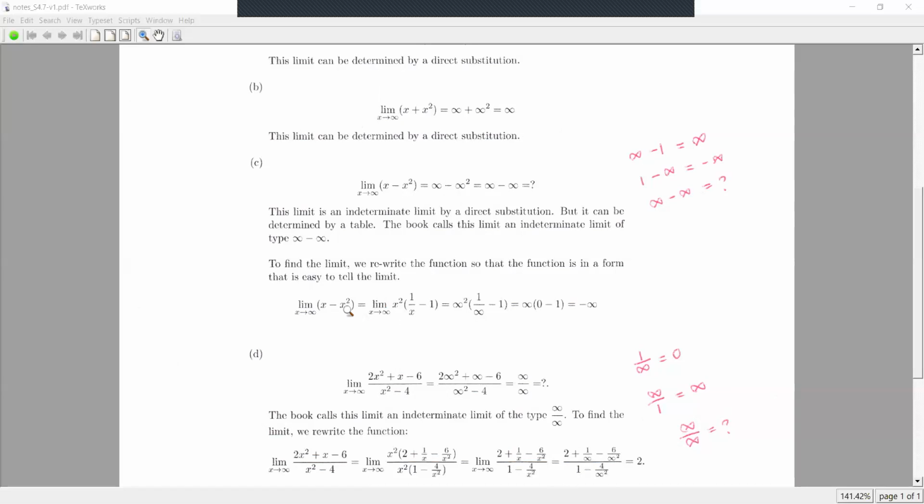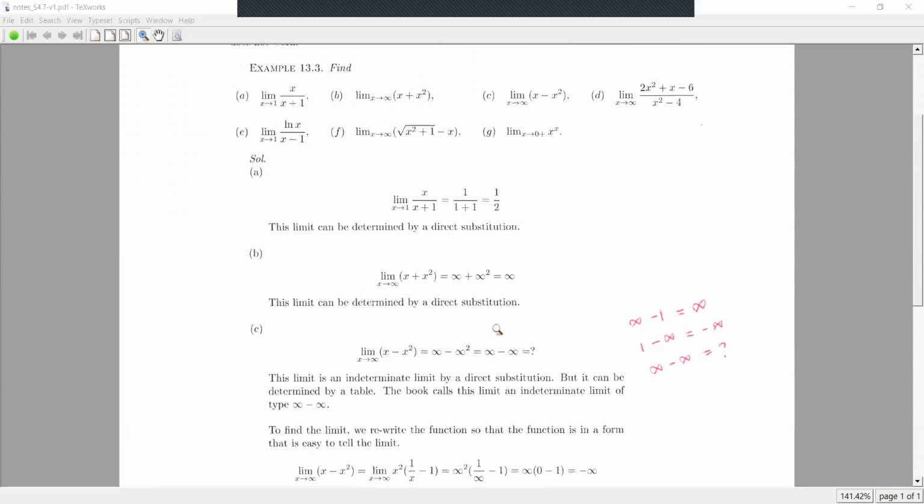When x squared is out, only 1 is left. Now plug in infinity for x, then we get this. 1 over infinity is 0. So we have infinity times (0 minus 1). 0 minus 1 is negative 1. Negative 1 times infinity is negative infinity. So this limit is negative infinity.